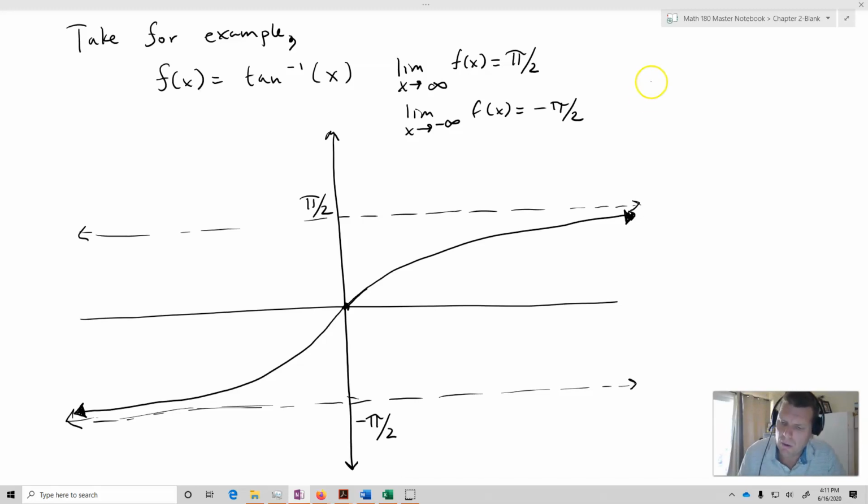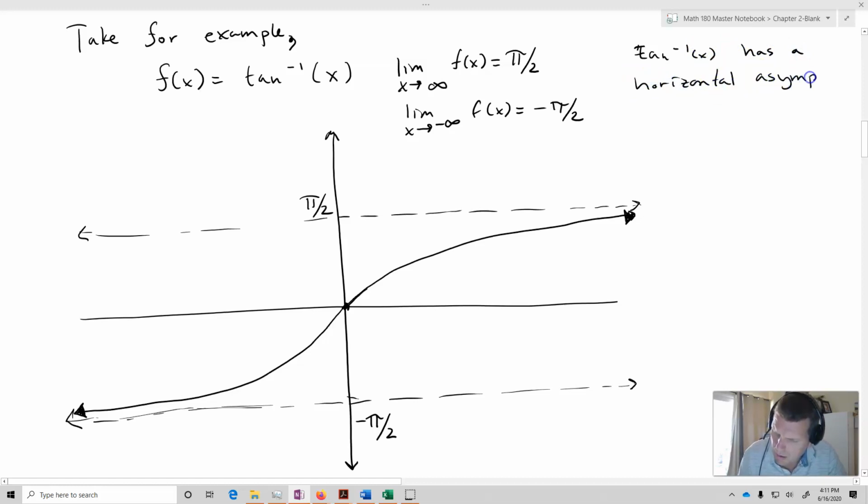So what we say then is tan inverse of x has horizontal asymptotes at y equals pi over 2 and y equals negative pi over 2.